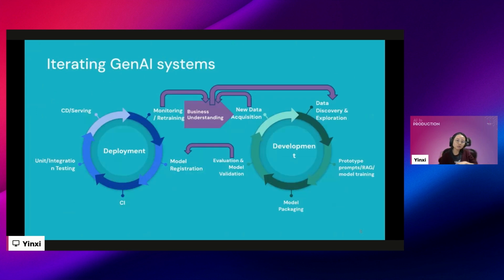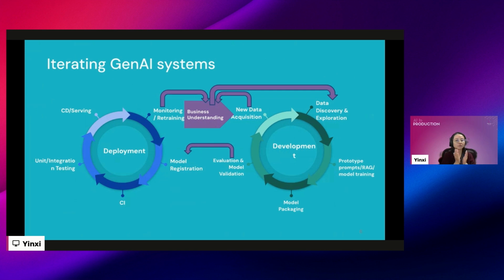Throughout the remainder of the talk, I will try to explain the LLMOps lifecycle and walk you through the key components in the lifecycle step by step. Usually you would start from the development stage. At the development stage, we start from a business problem and try to understand it with existing data, do data analysis and discovery, and then start to prototype your pipeline code, either prompt or RAG.